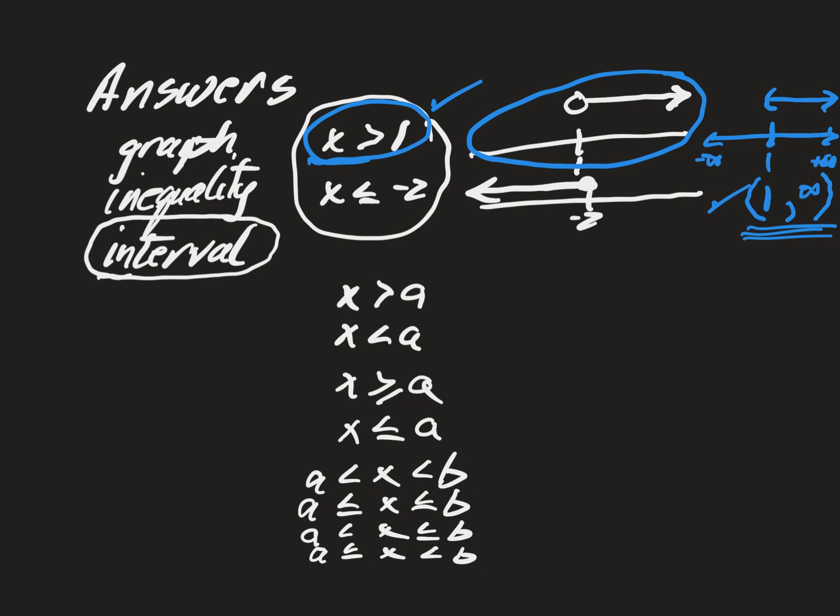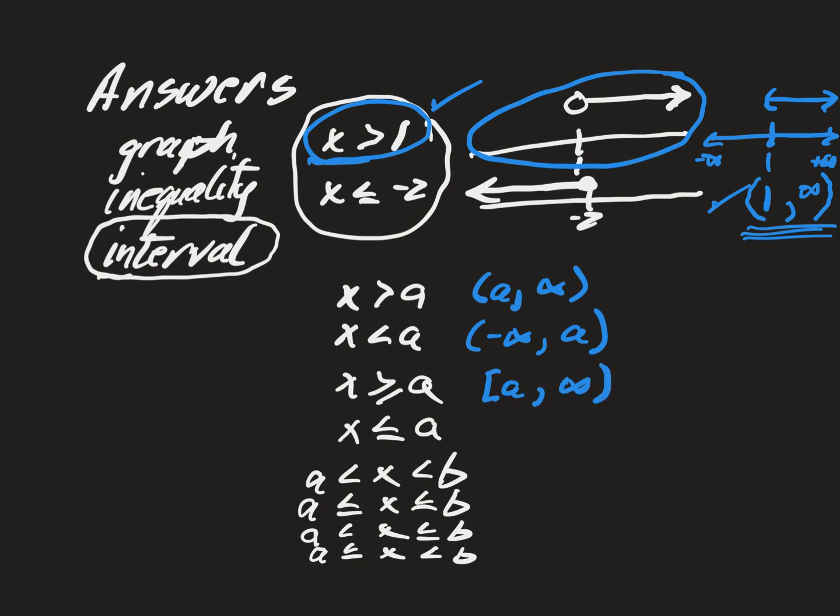So x is greater than a always looks like a to infinity. x is less than a looks like negative infinity to a. x greater than or equal to a, that's a closed interval because it's greater than or equal, so that would look like a to infinity.